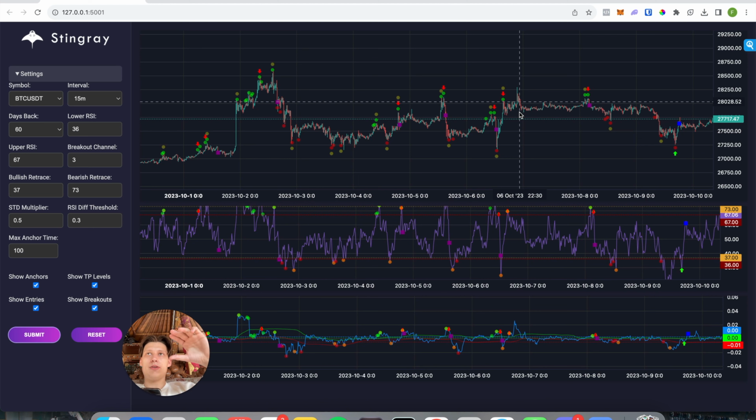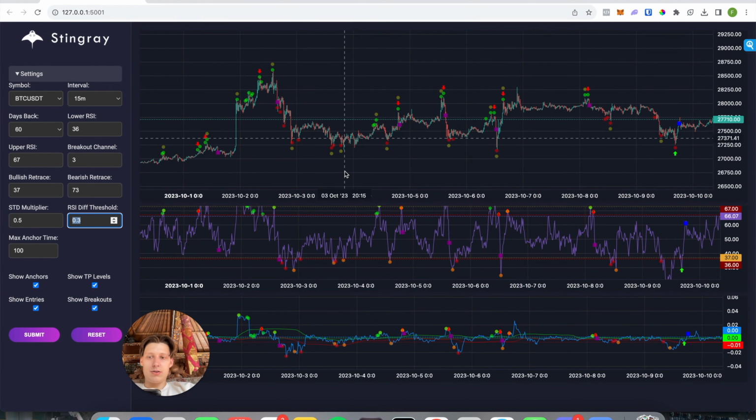So when that happens, you will get a lot of false signals, and this ROC band multiplier helps with that, because if you have low volatility, then the ROC is going to be within the band, and we're not going to trade.